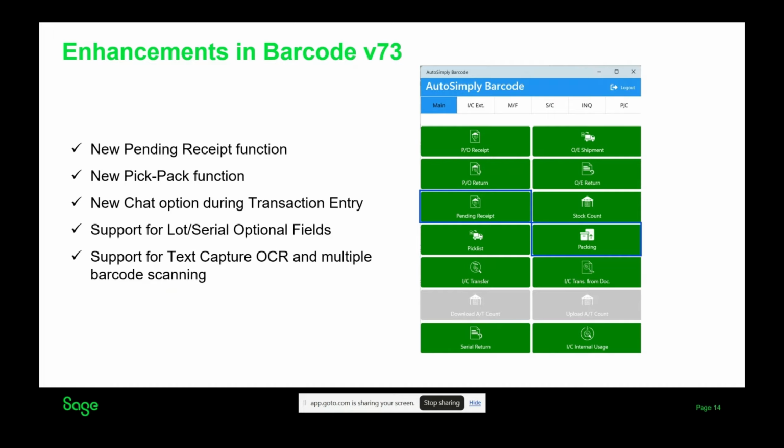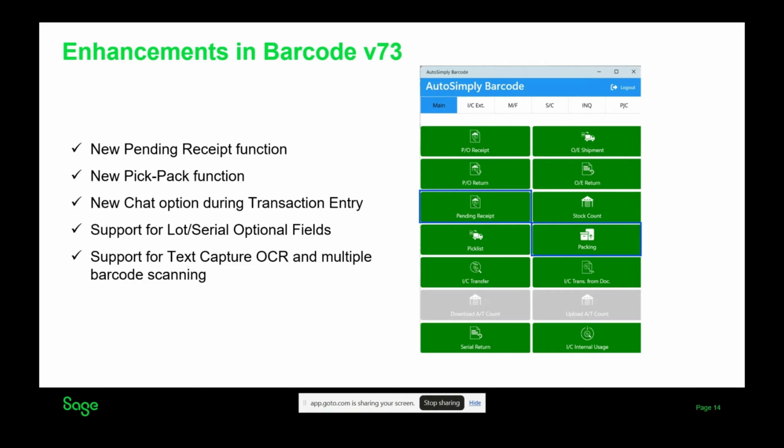I will show you later today pending receipts. This is on top of the standard Sage purchase receiving and returning. We have also added a packing function. So aside from being able to pick, in version 7.3 we are also able to pack, so it will become a pick-pack routine if we want it to be.